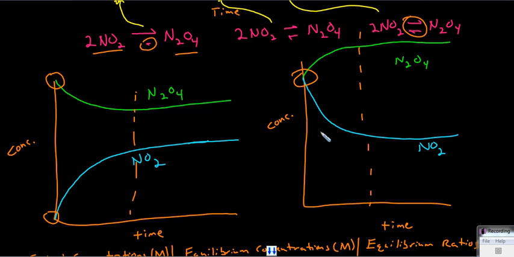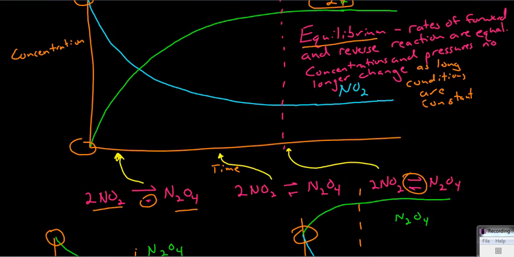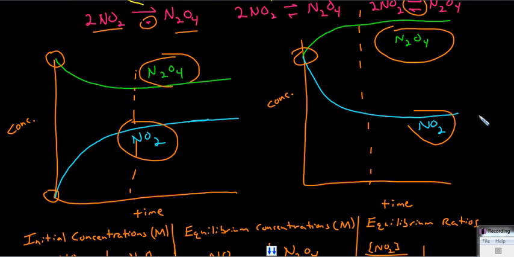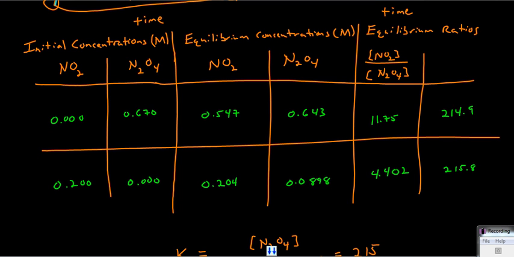Now, there are similarities in all three of these cases. In all cases, there's more N2O4 than NO2 after the reaction has proceeded to a state of equilibrium. Let's test and see if there might be a constant ratio between the concentration of N2O4 and NO2.